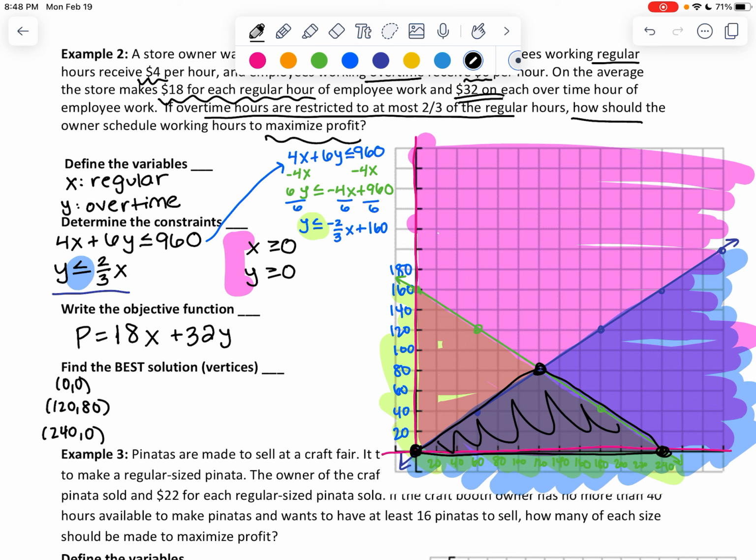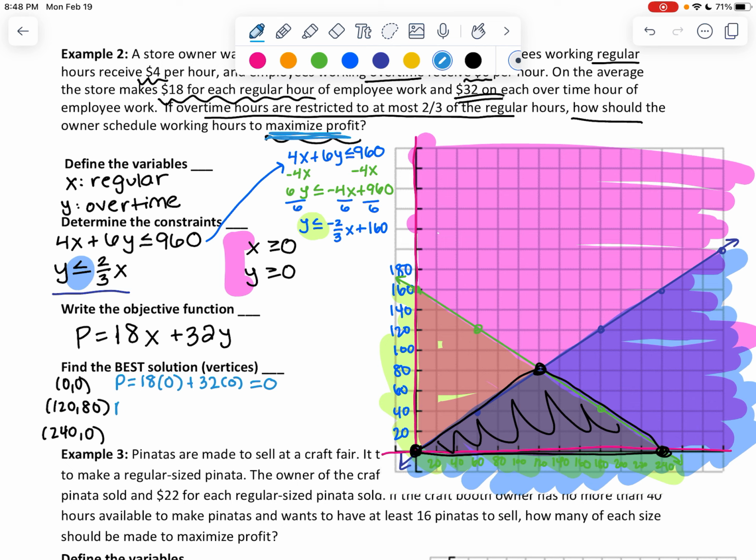Now we're going to plug these into the objective function to find the best solution. We want to maximize the owner's profit. Starting with the first one of 0, 0, well, if we don't work any hours at all of any kind, we're obviously going to make a profit of $0. So that is not the maximum.